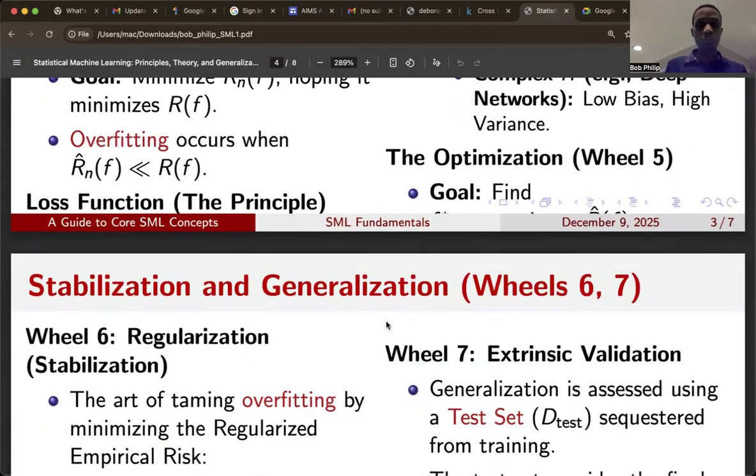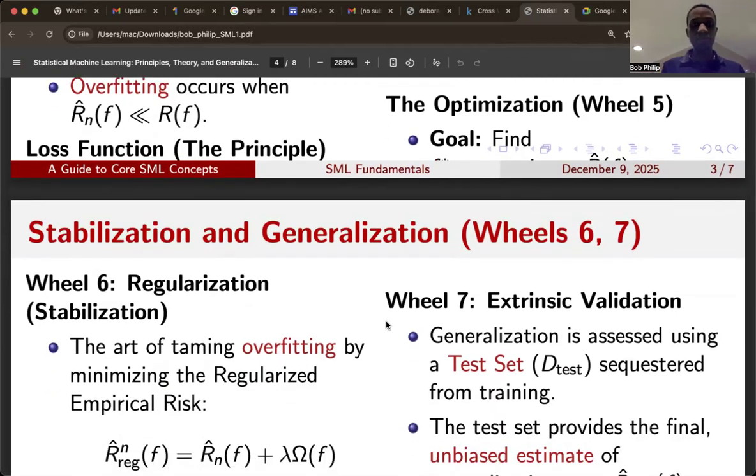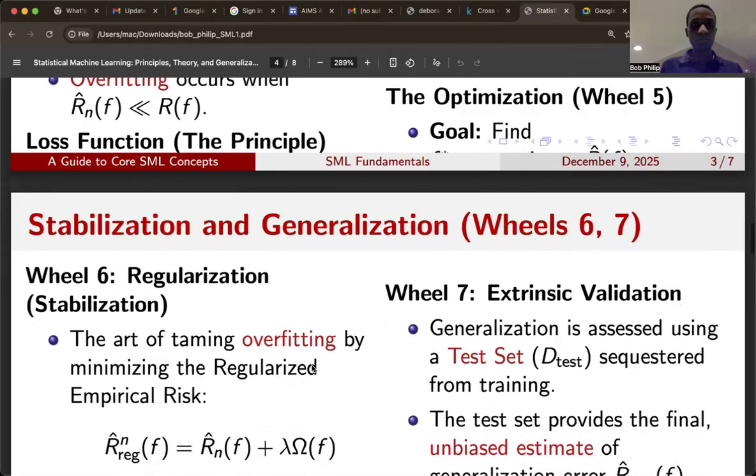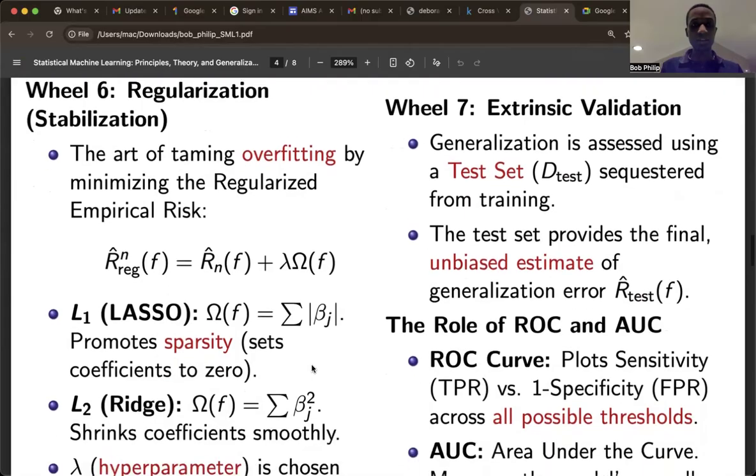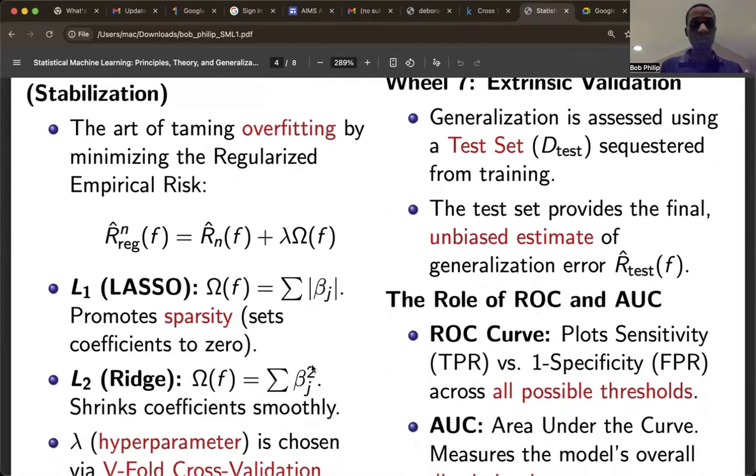How do we do optimization? We try to optimize the performance of our model by doing regularization, stabilizing the model. Principles like Lasso and Ridge stabilize the model by introducing penalties to false predictions.